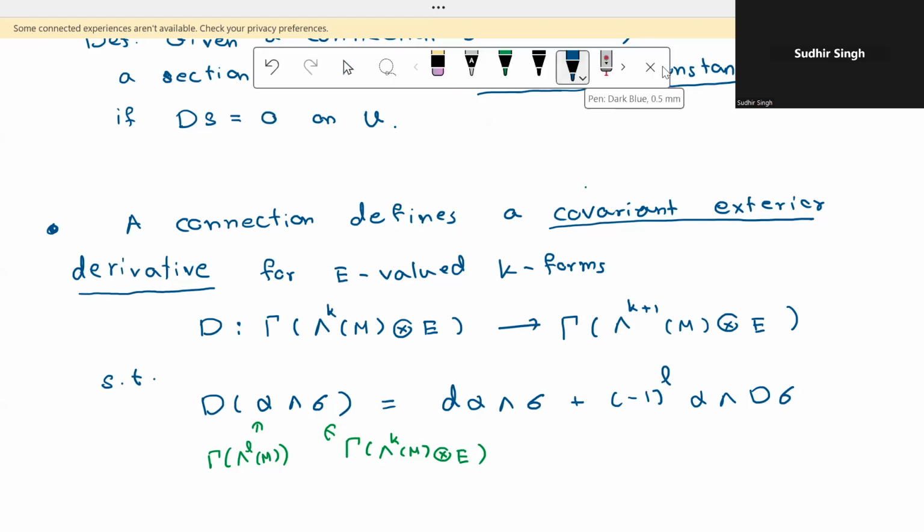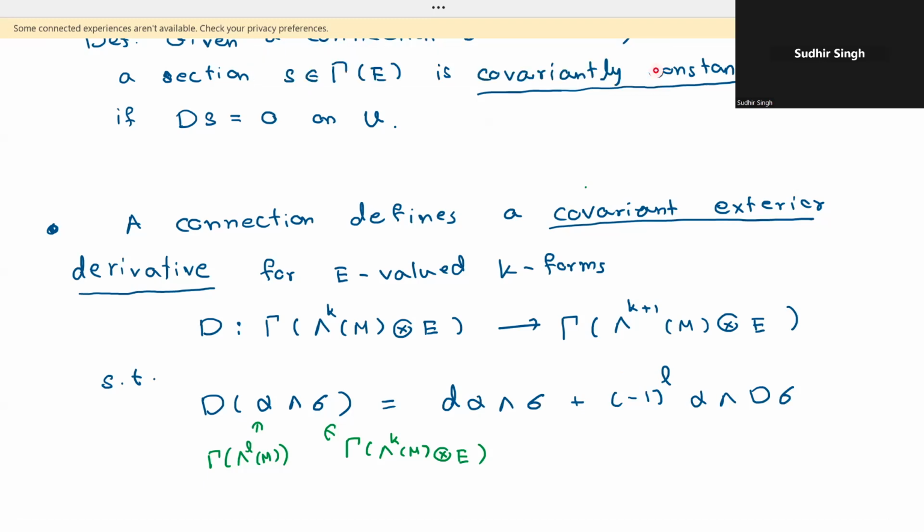And in fact, there is a theorem which says that for a connection, there is really a unique extension of a connection acting on an E-valued k-form to a k plus 1 form with this property. And it is an extension of the connection we defined before.